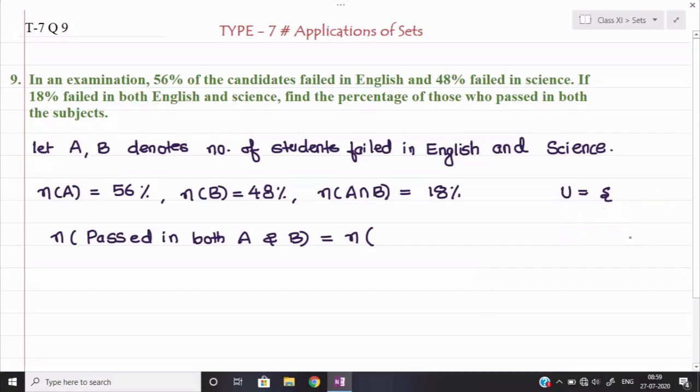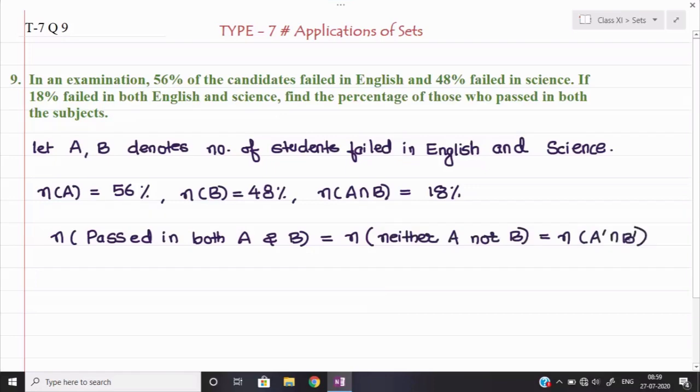Okay, so let's see here how I can write it down. But here I don't require only A, I require both. So I will write it as N of neither A nor B, and neither A nor B I can write as N of A dash intersection B dash.